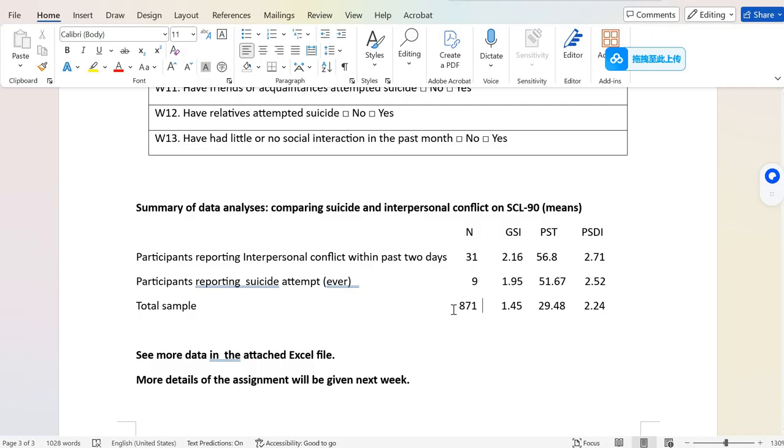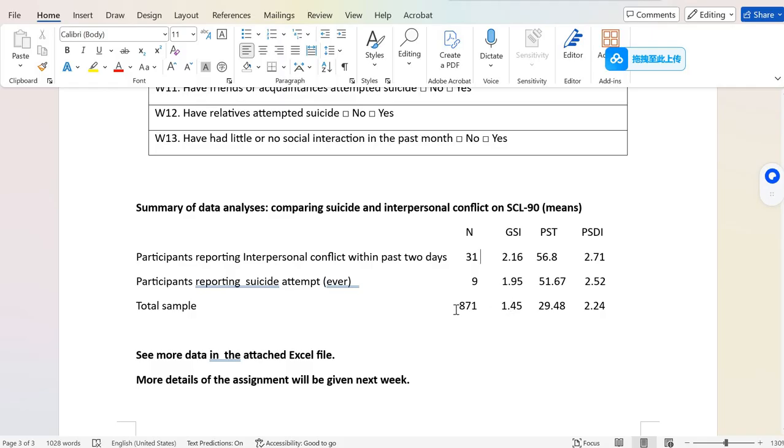That's the total number analyzed in this study. Among the 871 people, 9 individuals reported suicide attempts in the past. 31 reported having interpersonal conflict within the past days.